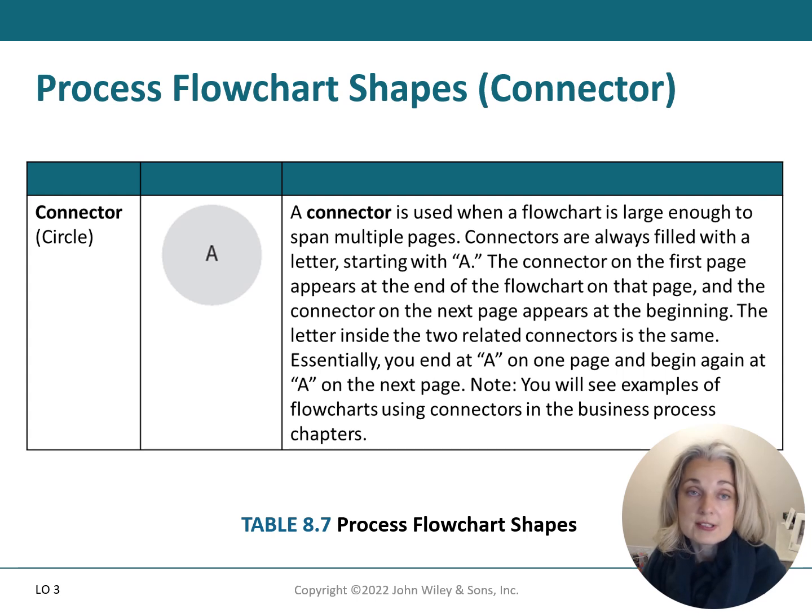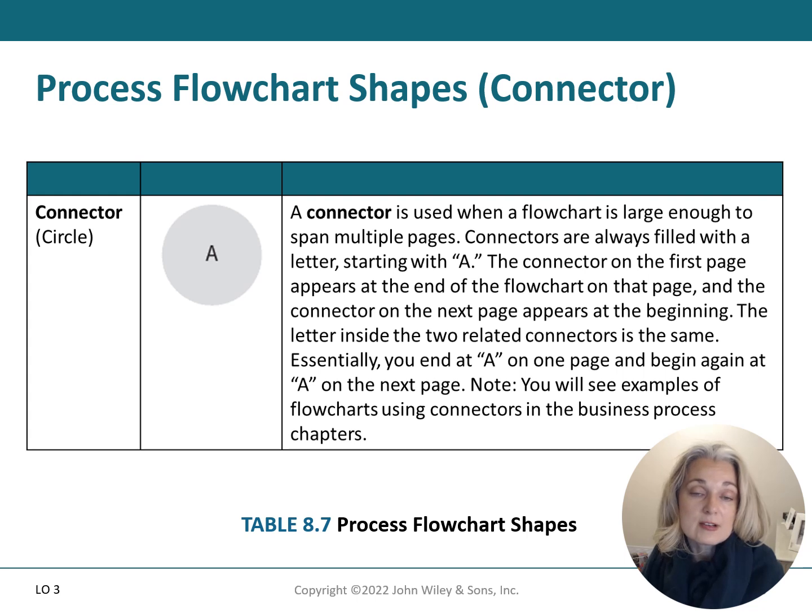Some flowcharts can be very, very big and they may not fit on one page. So when you have multiple pages, you use connectors, and the connectors are always filled with a letter. You'll start with letter A, and the connector on the first page appears at the end of the flowchart on that page, and then it appears at the beginning of the next page.